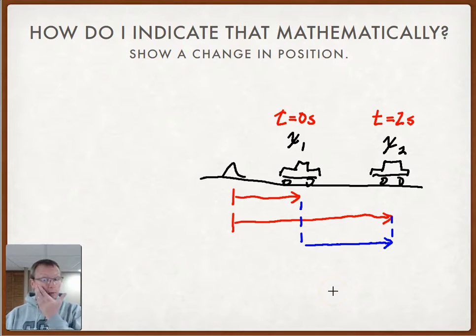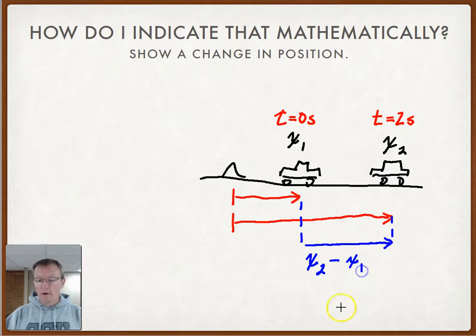Now, mathematically speaking, we would say that its position changed by x sub 2 minus x sub 1. That's the difference between those two measurements, x sub 2 minus x sub 1. And that will tell us how far it moved, the distance that it moved. Now, we do this a lot in physics, and I have to tell you, I am super lazy.